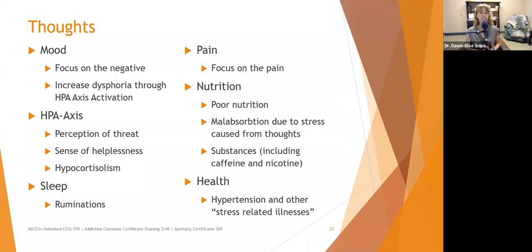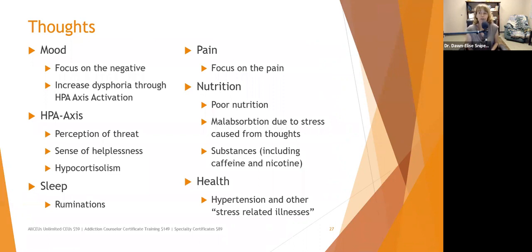Sleep is affected by thoughts because people will ruminate, whether it's anxiety or grief or whatever it is. When people are in pain, they may have thoughts that focus on the pain and they're wondering what it is or what can make it go away, or just focusing on the fact that, oh, this really hurts and this really is awful.